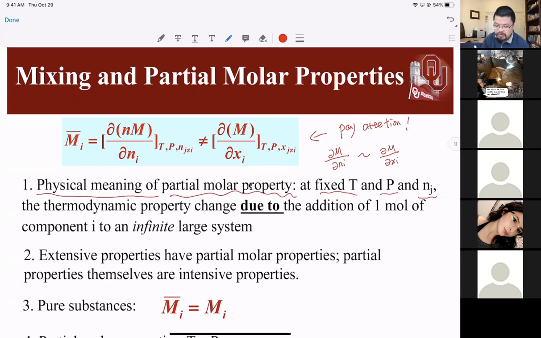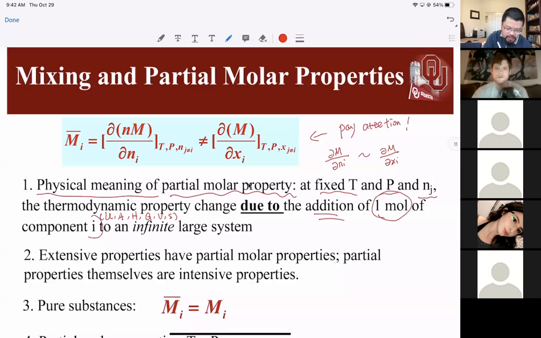This is Nj. We are only changing the i component. And we try to measure the thermodynamic property, which is among the six quantities we've talked about: U, A, H, G, volume, and entropy. We try to measure the change due to the addition of one more of component i to this infinitely large system.